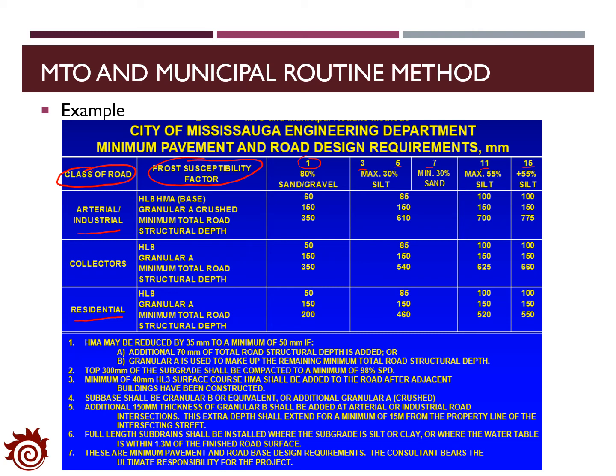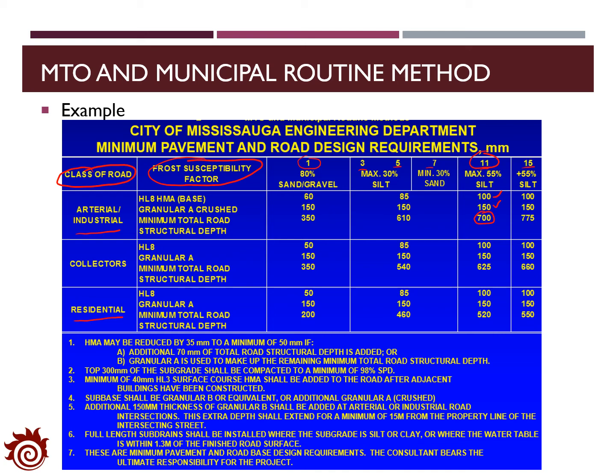In addition, we can obtain the minimum total road structural depth, which would be the equivalent depth of the pavement structure. For example, if we consider the frost susceptibility factor of 11 with the maximum of 50% of silt, the thickness of the hot mixed asphalt layer is 100 millimeters, and the granular A base layer is 150 millimeters. The minimum total depth should be 700 millimeters.